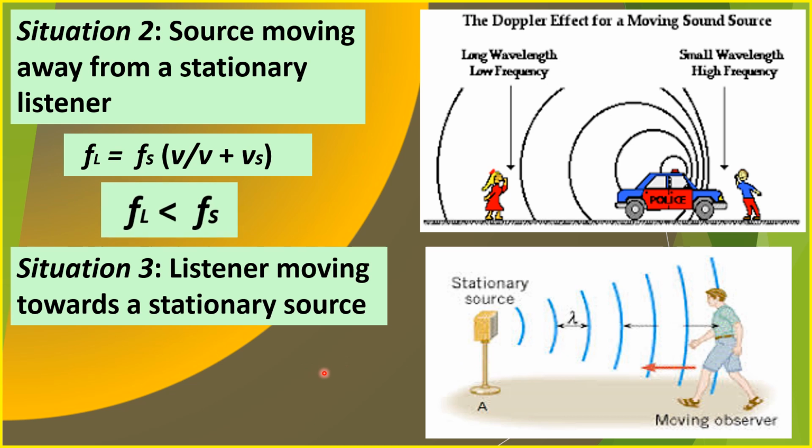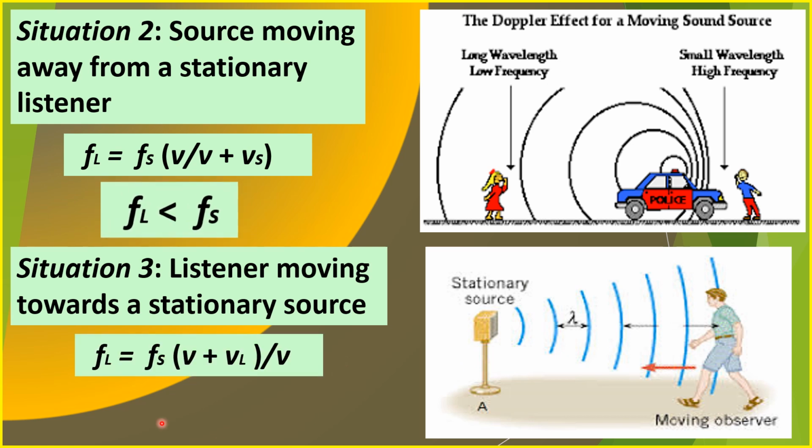And mathematically, the formula for finding the FL is just equal to Fs multiplied by V plus VL divided by V. Notice that in the numerator, we have V plus VL. It is because the listener observer is moving towards the stationary source. That's why it is V plus VL.